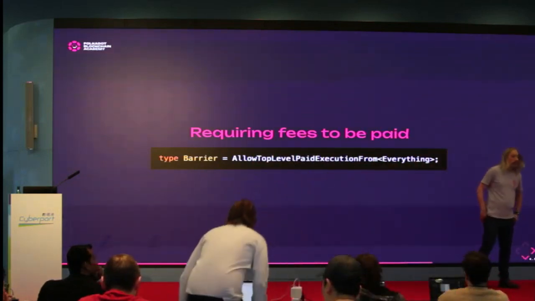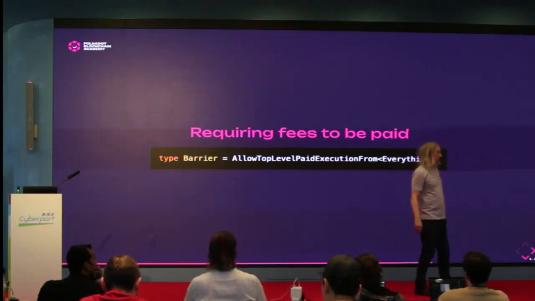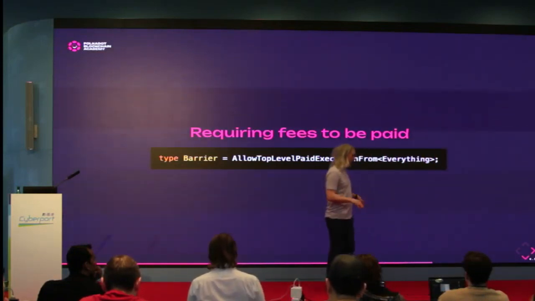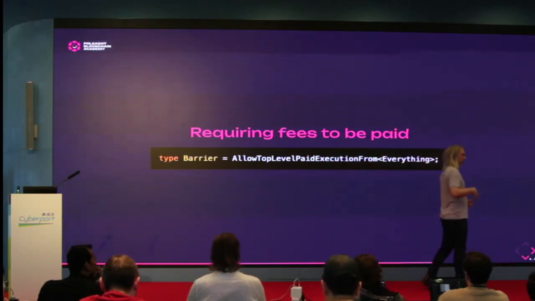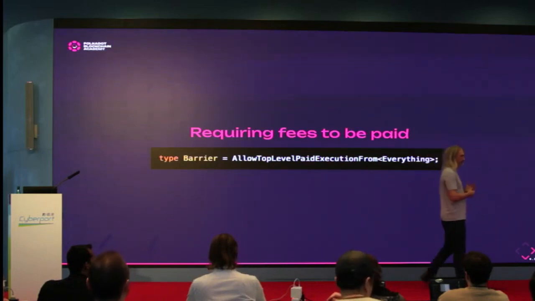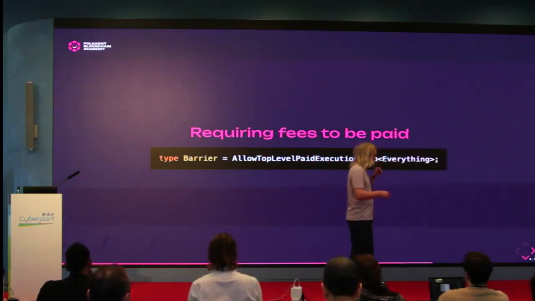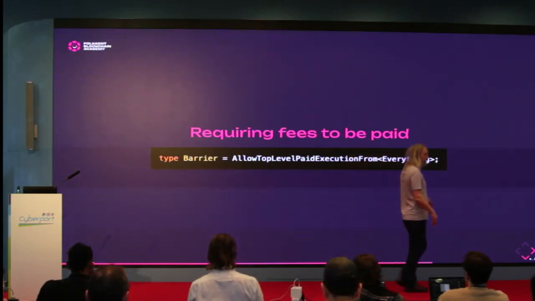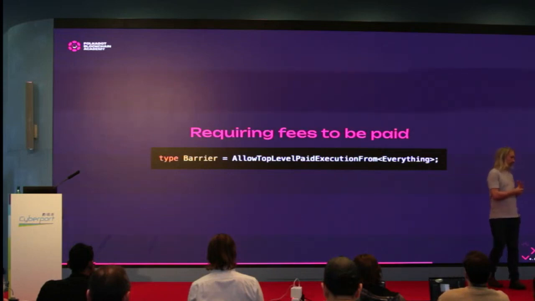For example, you could imagine some barriers that say, I don't want anything to be able to execute unless it comes from a whitelisted account or a whitelisted parachain. And then they start whitelisting particular parachains that, from their point of view, do whatever is necessary that frees them from enough legal liability.